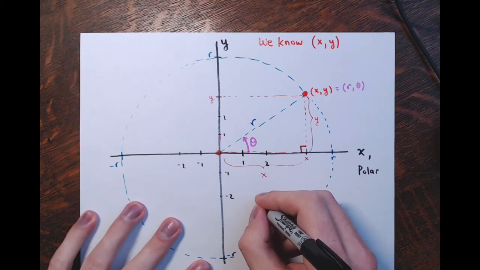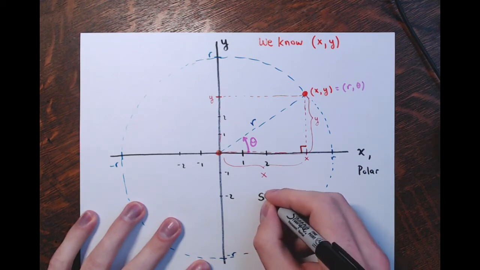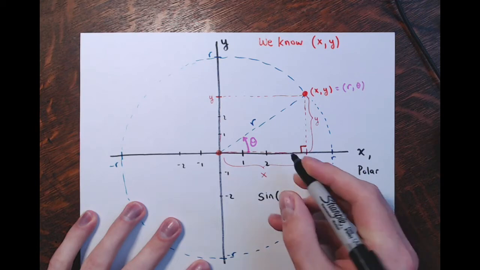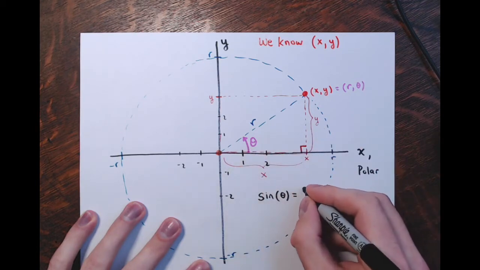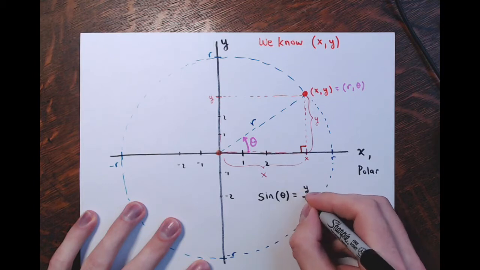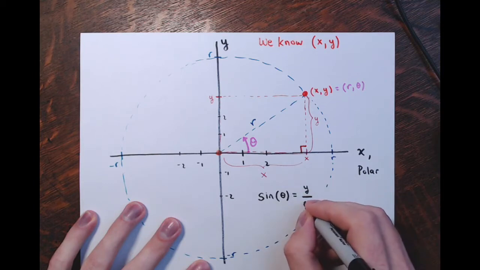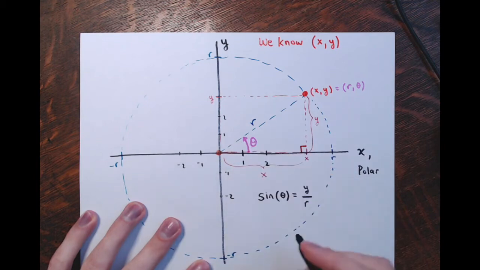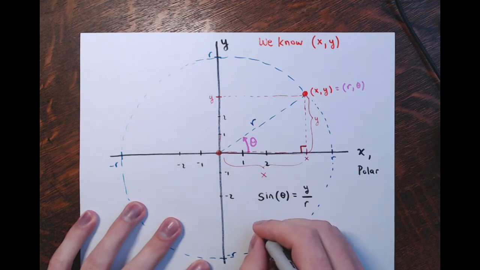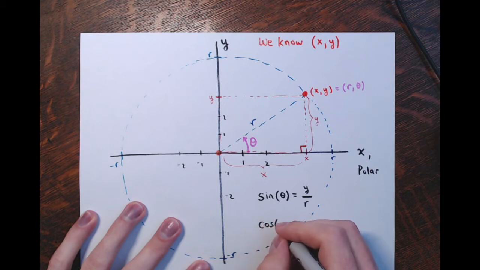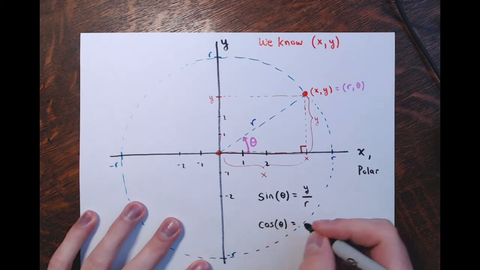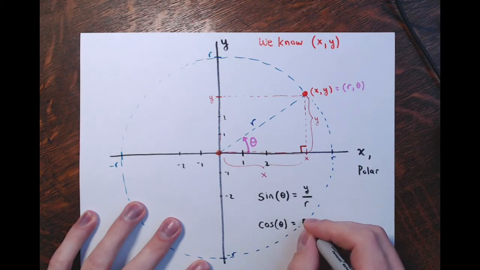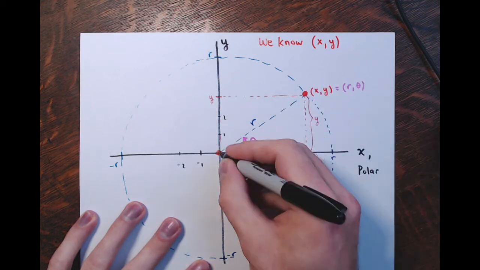The sine of theta would be the y coordinate of our point divided by r, the hypotenuse, or the cosine of theta, adjacent over hypotenuse, would be the x-coordinate of our point divided by the hypotenuse, r again.